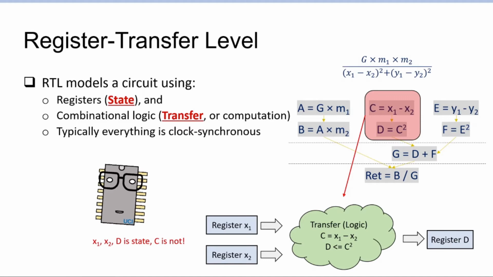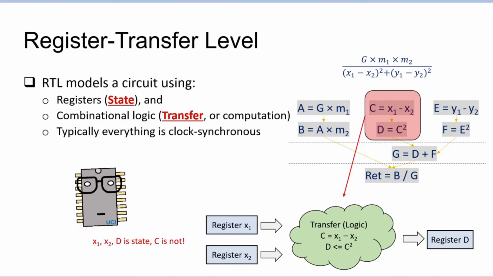So x1 and x2 are state, because we're going to read them in this cycle.